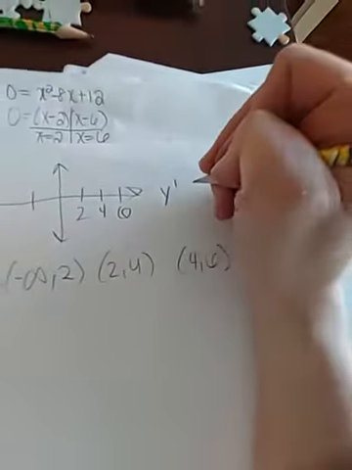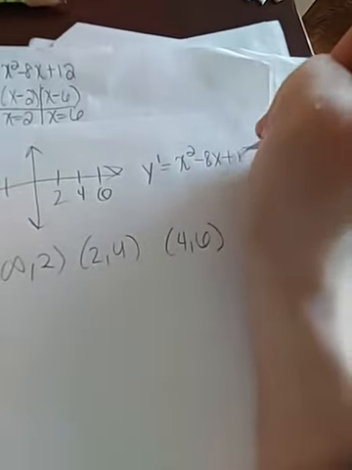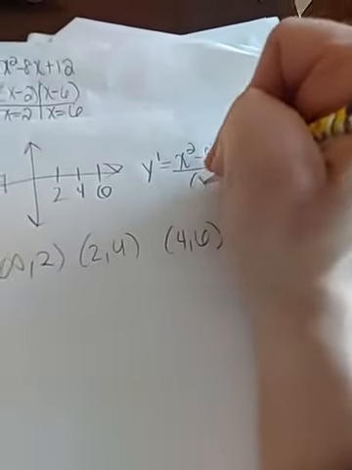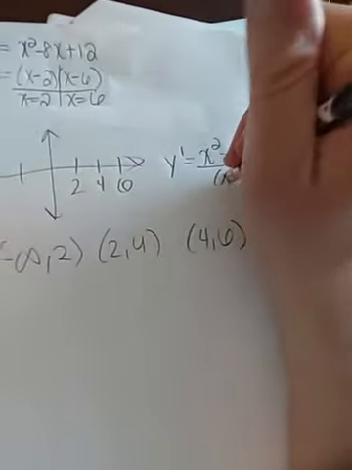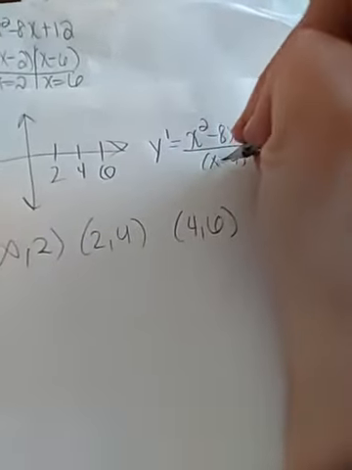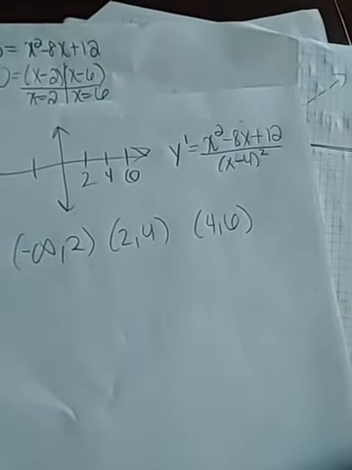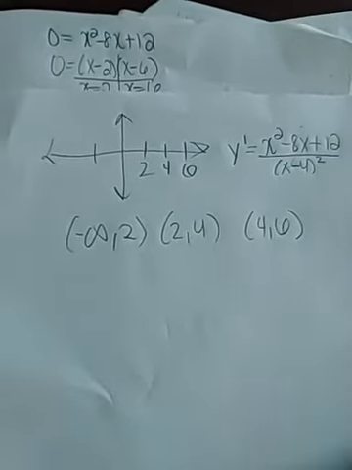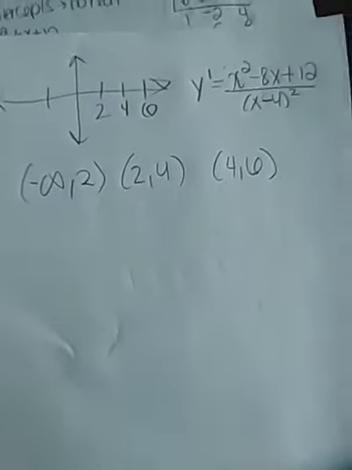transfer it over. X squared minus 8x plus 12 over x minus 4 squared. Or actually, it's x minus 4, sorry. All right.